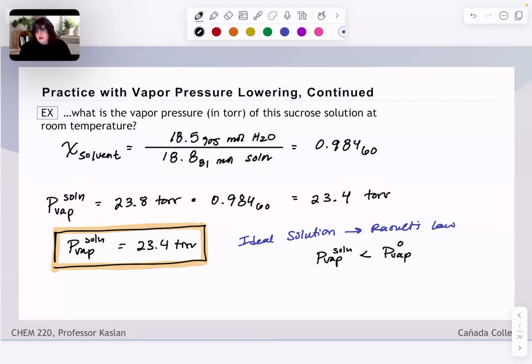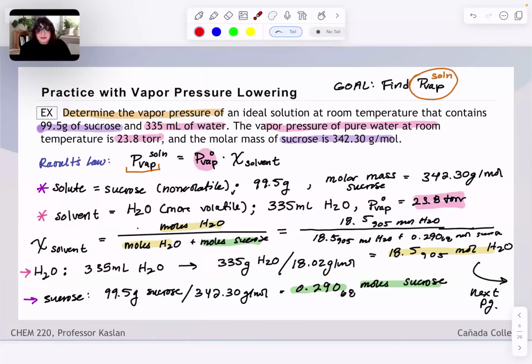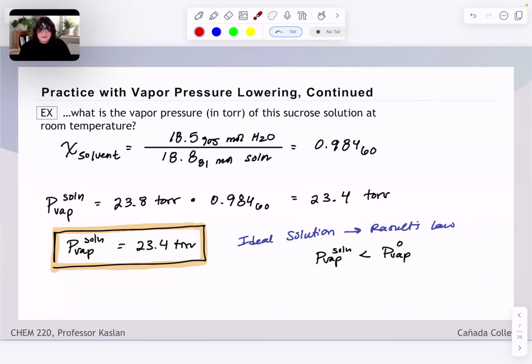Now, we didn't change our vapor pressure that much because we still have predominantly water in our solution, right? We had a decent amount of water. So if we wanted to make this vapor pressure lower even further, we could use less water or add more sucrose. So this is vapor pressure lowering.